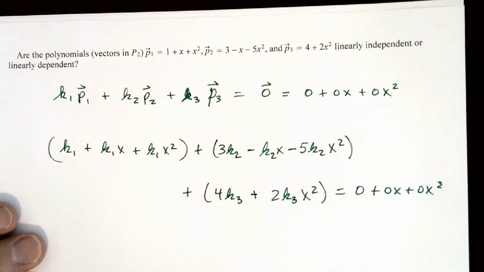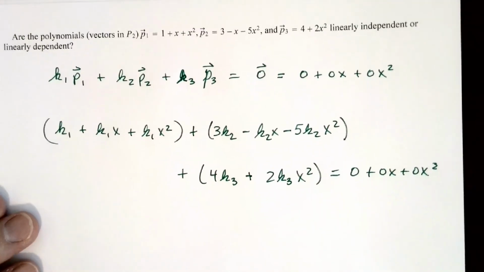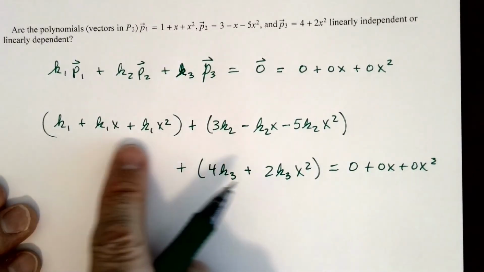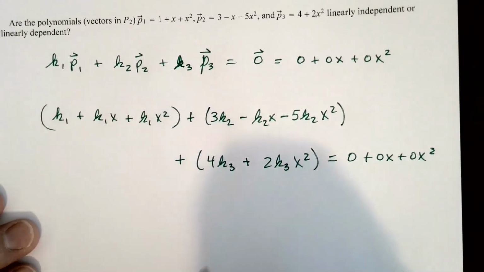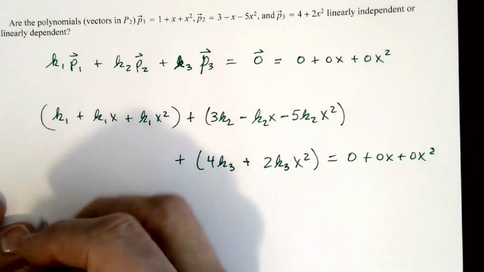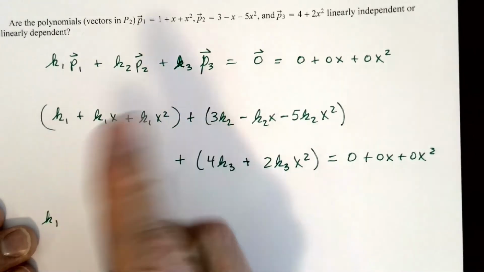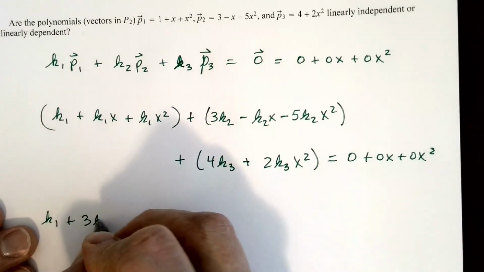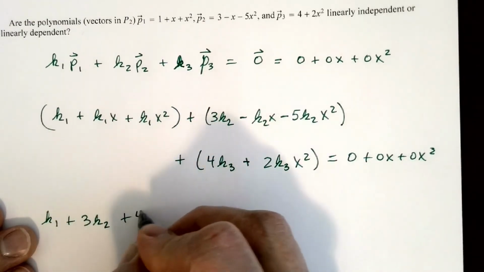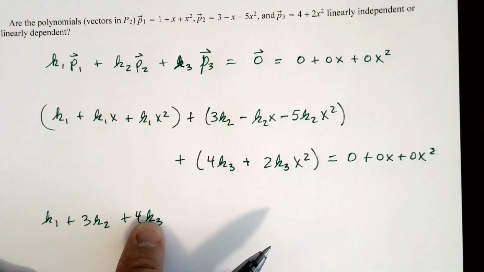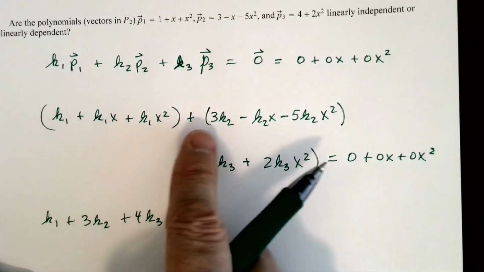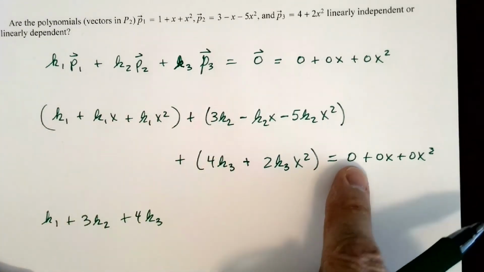Now, how do you add polynomials together? Well, we combine like terms. The constant terms are k1 plus 3k2 plus 4k3. And what do these constant terms have to equal?